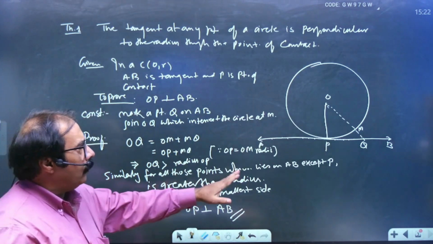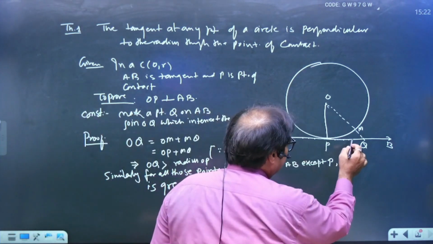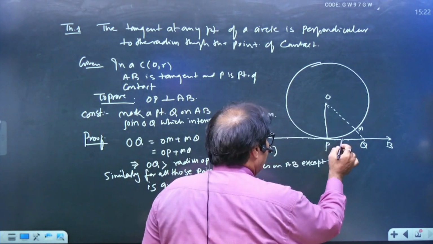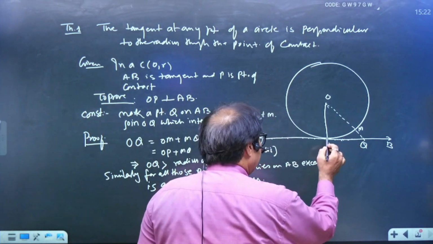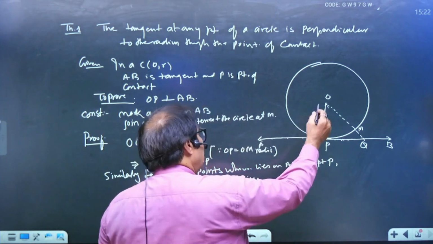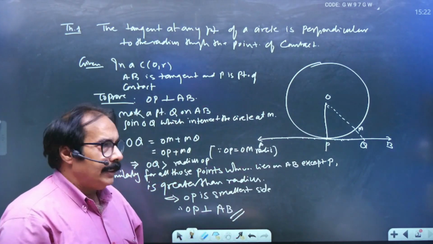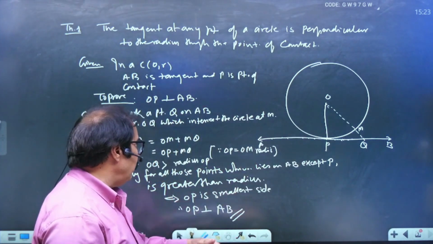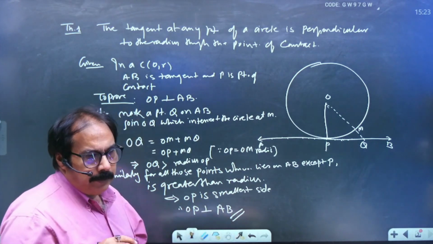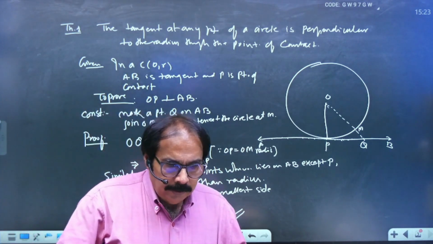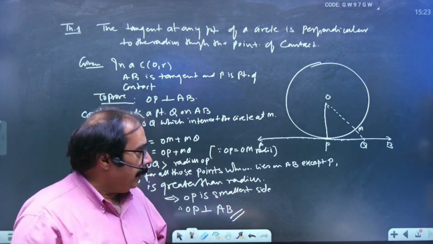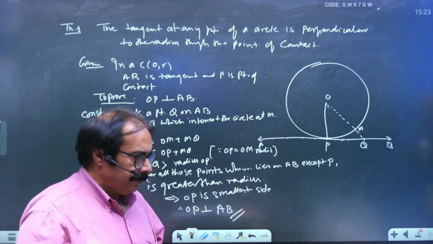Similarly, for all those points, except this point P, if you join them, all the line segments will be greater than the radius. So OP is the smallest, so OP is perpendicular to AB, and hence it is proved.